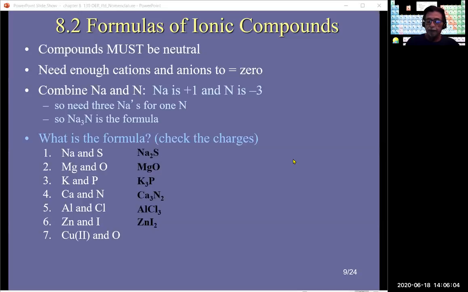Copper, in this example, can exist as a +2 or a +1. So you have to be told, okay, you're going to use copper 2 Roman numeral. The question I was asked, well, can we put the regular number 1, 2, and 3? No. And the Roman numerals are used specifically to designate the oxidation number of these other metals, okay?